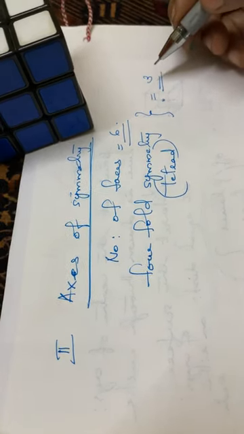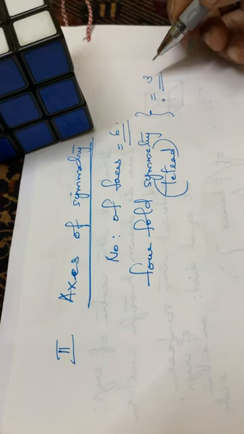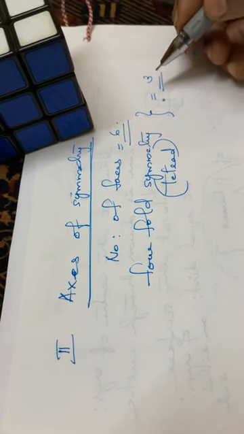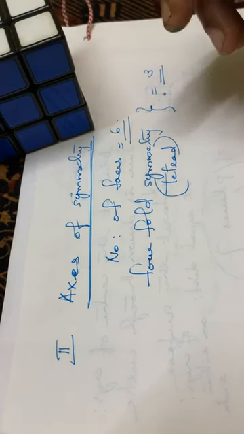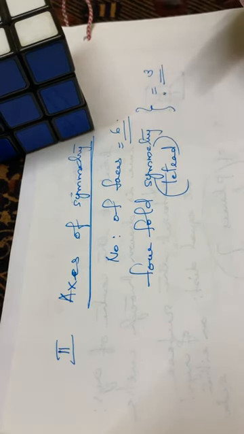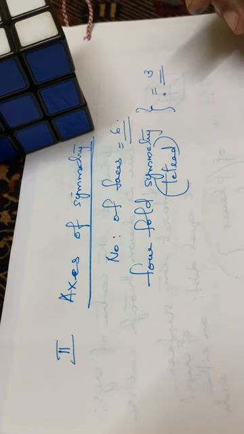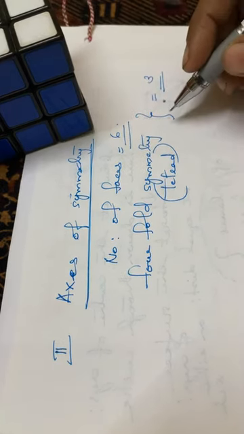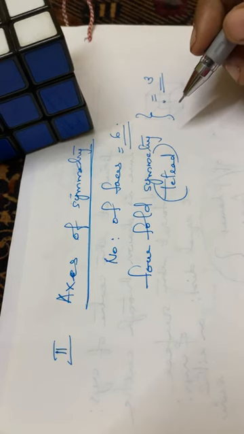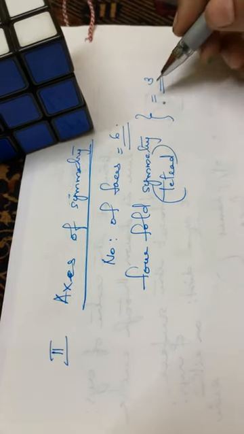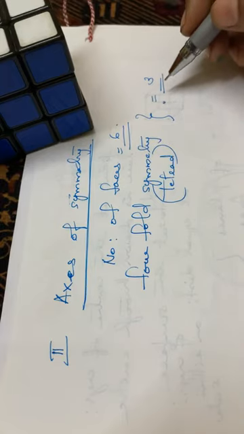That means similar appearance will be occurring how many times? Sorry, similar appearance will be occurring 4 times, isn't it?